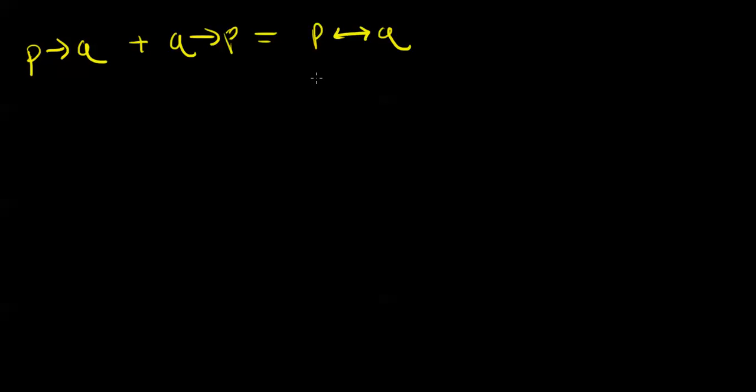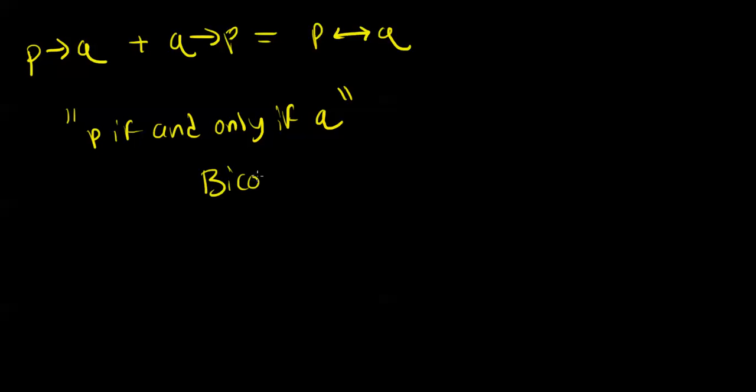It's an arrow pointing both ways. And if we were to read this, it would be read as P if and only if Q. Keep in mind you can only form a biconditional statement if both the conditional statement and its converse are true.